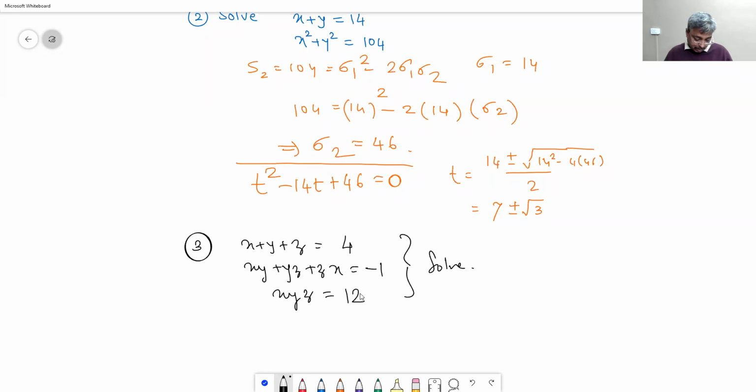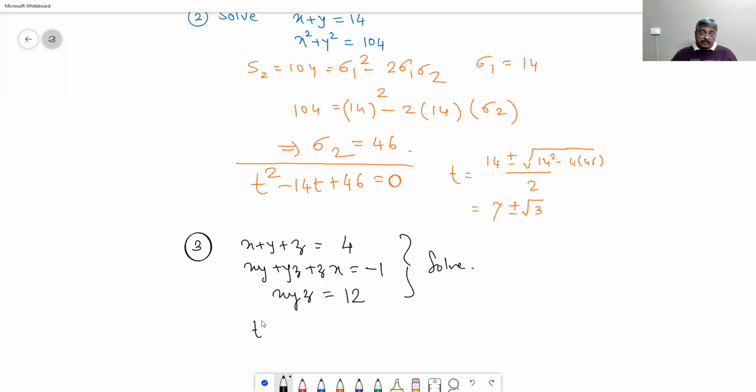The cubic is t cube minus 4t square plus... minus t... minus x plus 12. Okay, maybe you can spend time on this. What is the cubic expression in t?